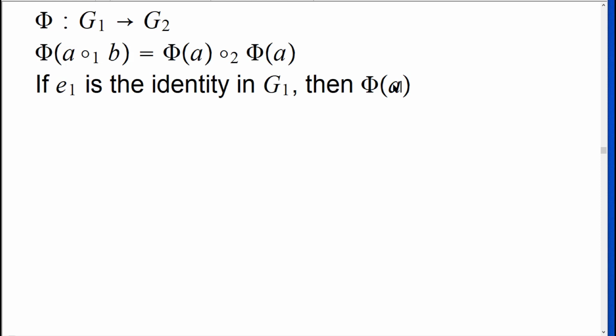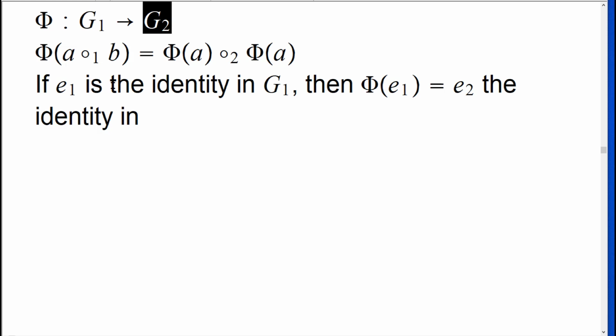If we call it E2, then E2 is the identity in G2. I actually assumed in advance that E2 is the identity in G2. Let me be careful not to make such slips in the future.